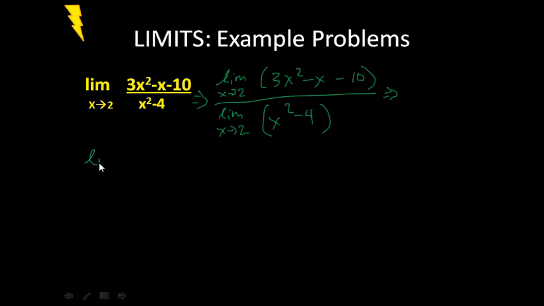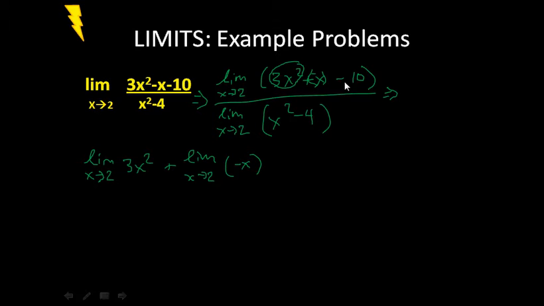The limit as x approaches 2 of this term here, 3x squared, and then remember what I said, you can change that to a plus and then just make that a minus. So we'll do plus the limit as x approaches 2 of negative x.